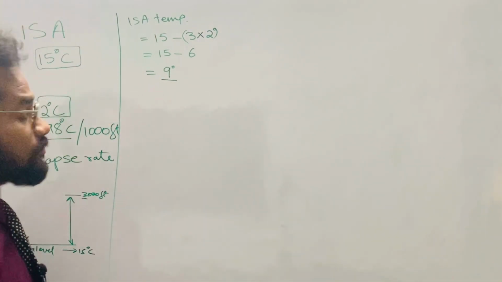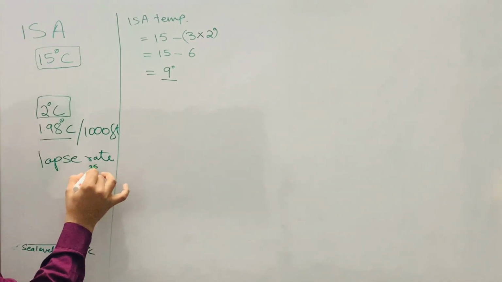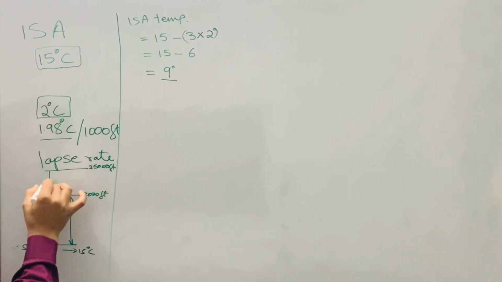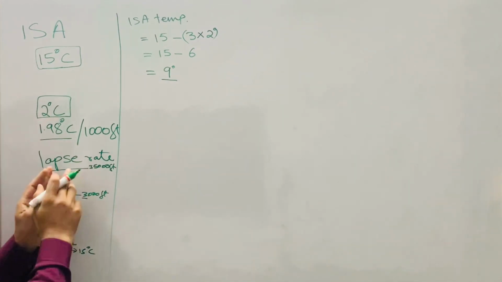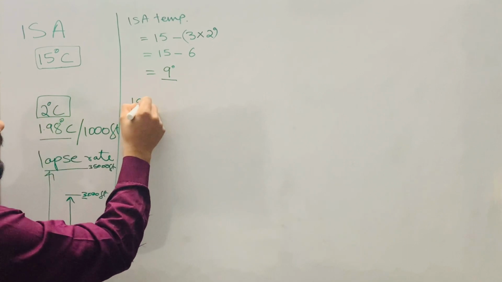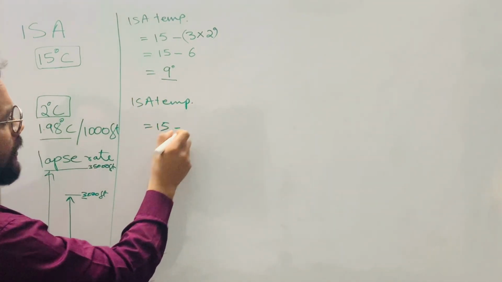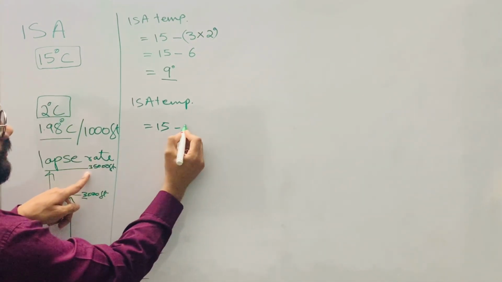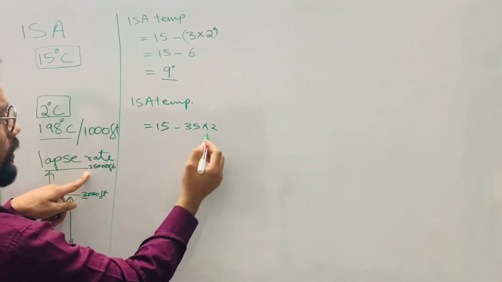Let's take the example of 35,000 feet. Suppose you are at 35,000 feet, just don't consider this 3000 anymore. If you want to calculate the ISA temperature at 35,000 feet, how much will it be? The ISA temperature at 35,000 feet will be 15 minus 35 into the lapse rate, which is 2 degrees.